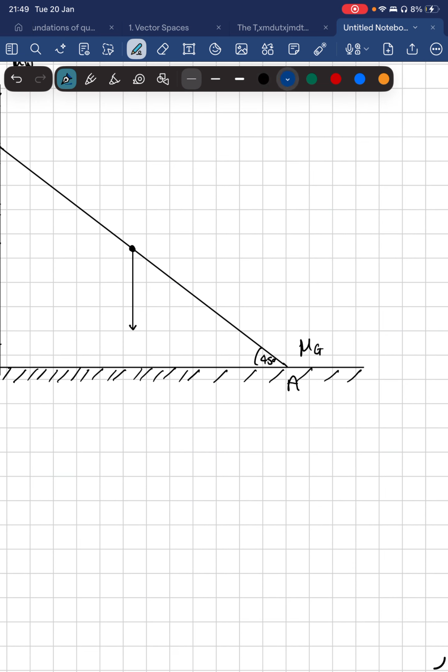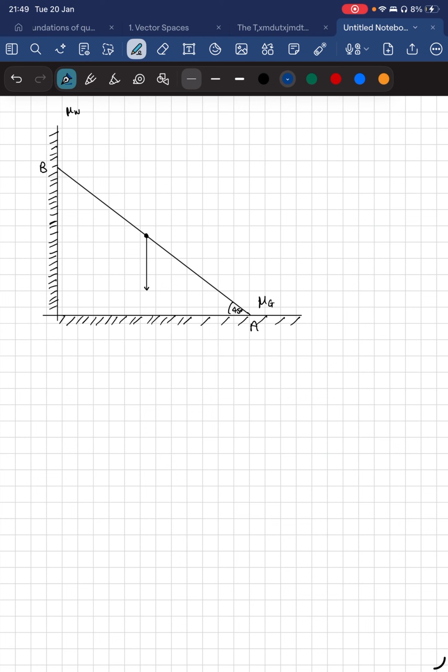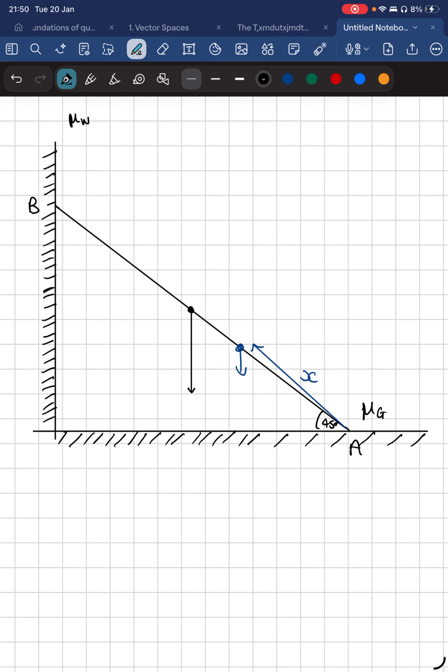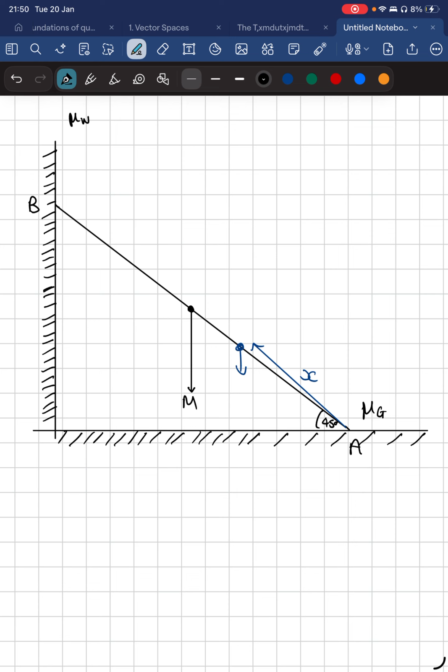And we're told that a mass is placed somewhere, a distance x, along the ladder, and that causes the system to be in equilibrium, and we must find what the value x is. So we're going to call the center of mass big M, and we'll call little m the extra mass which is added. And so the forces acting down both get a factor of g.